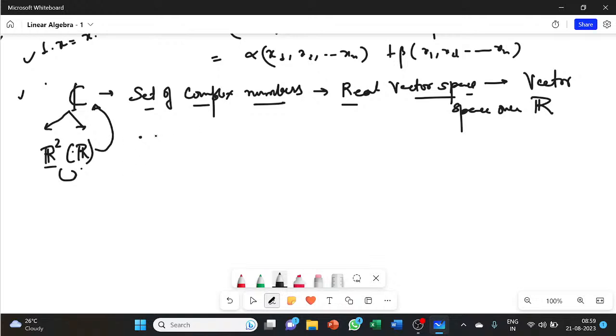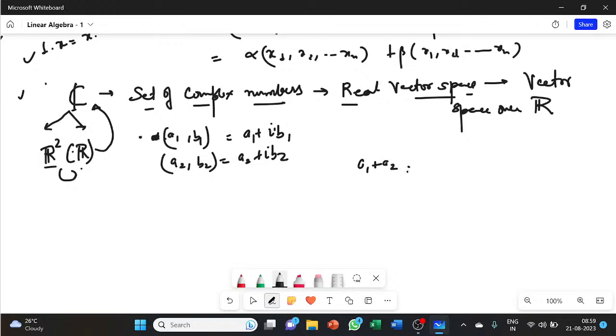Let's say there is a complex number a1 comma b1, which implies a1 plus iota b1, and another complex number a2 comma b2, which is a2 plus iota b2. If I add them up, I'm going to get a1 plus a2 comma b1 plus b2. So this also is a complex number, isn't it?